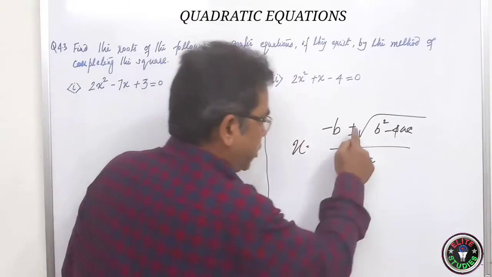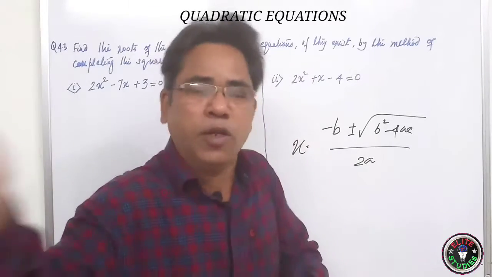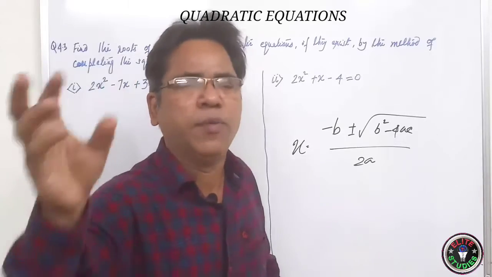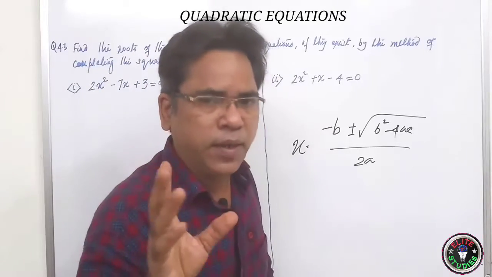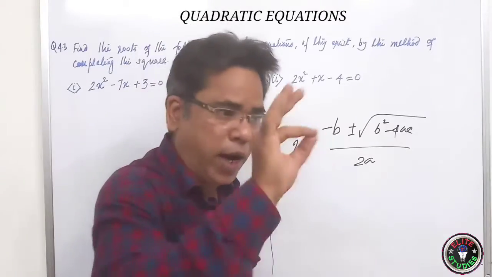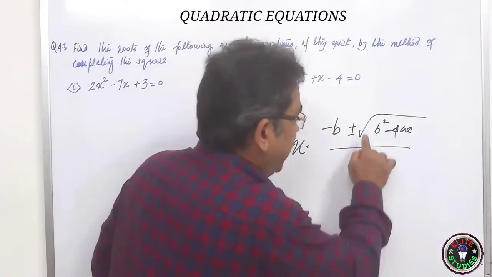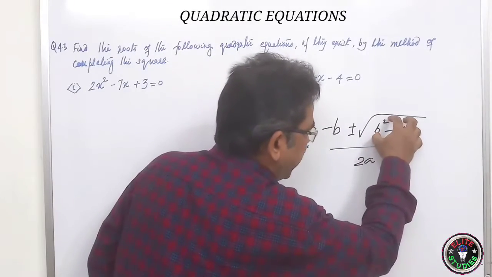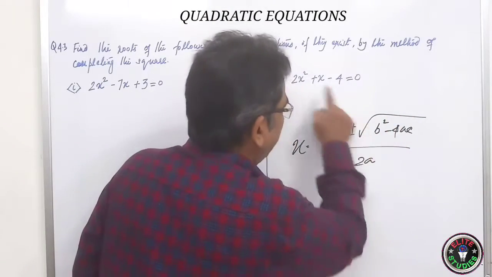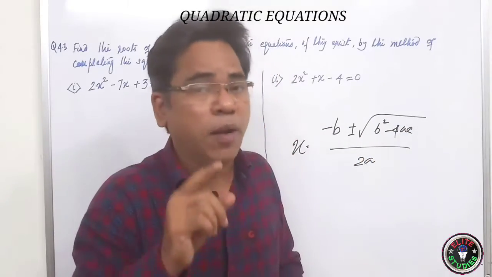I mean to say, the square root of 0 is 0, and the square root of any positive number you will get. Whatever the number, it may be 1.3, 1, any positive number or 0, you will get a square root. But if b square minus 4ac comes out to be negative after putting the values of a, b, c from the given equation, then what will happen?